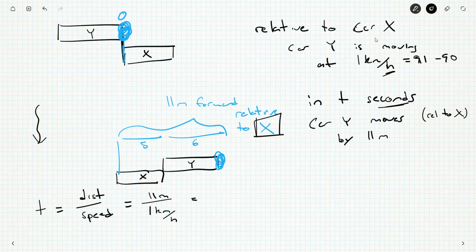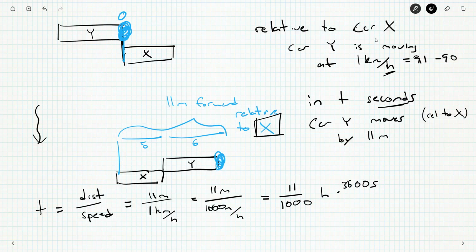Well, the units don't match up. Okay. 11 meters at 1,000 meters per hour. Okay. So now it's 11 over 1,000. The meters cancel out and we get hours on top. But t is in seconds. Okay, well, multiply by how many seconds in an hour? 3,600 seconds per hour.